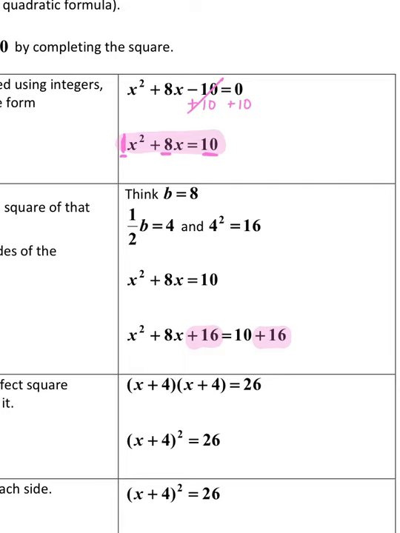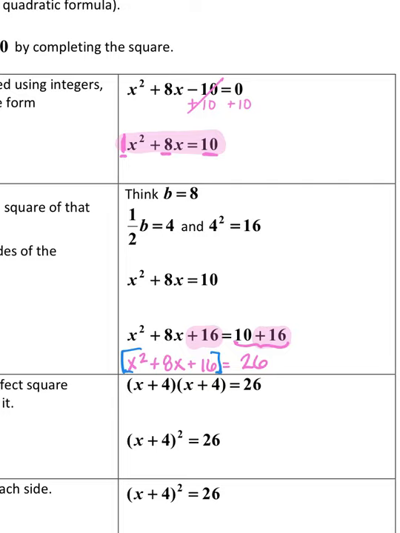And I like to go ahead and simplify this step. So I rewrite this exactly the way it is. Equals 26. Okay, so that's where we got that 26 from. So now we're going to factor all of this.